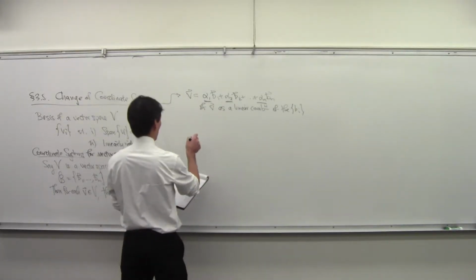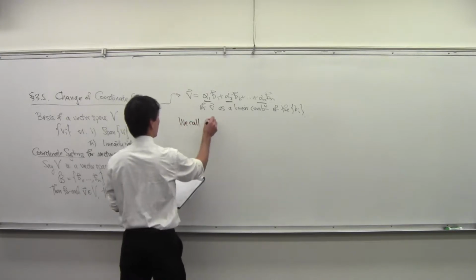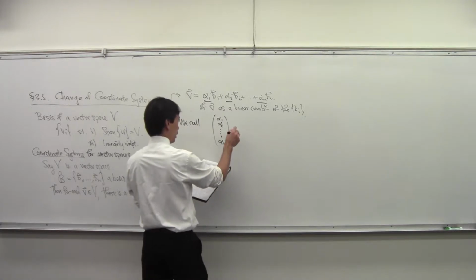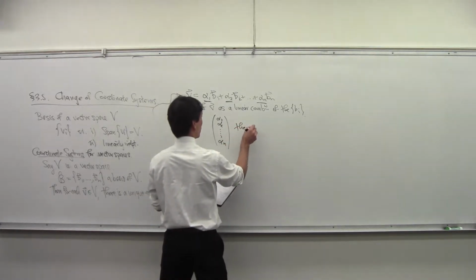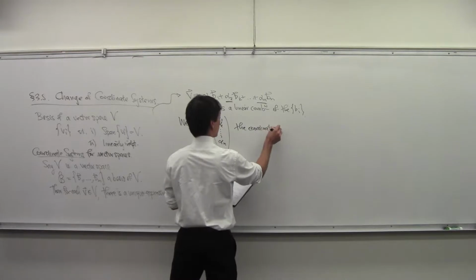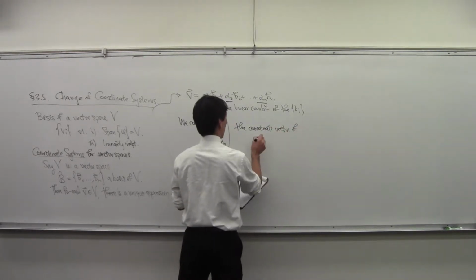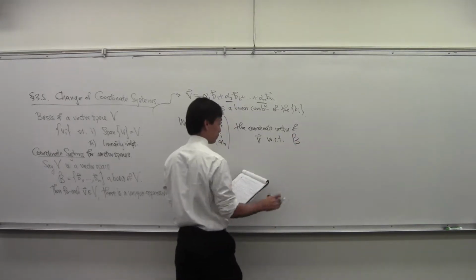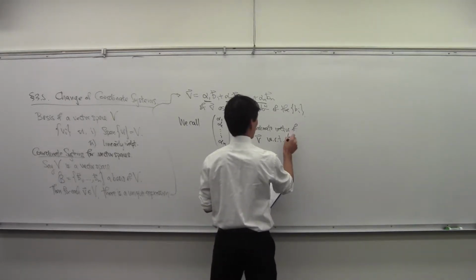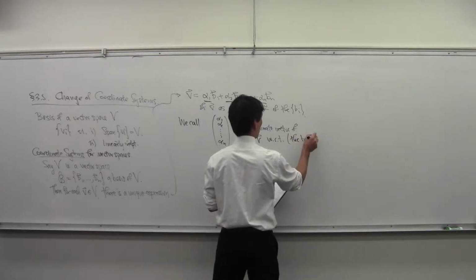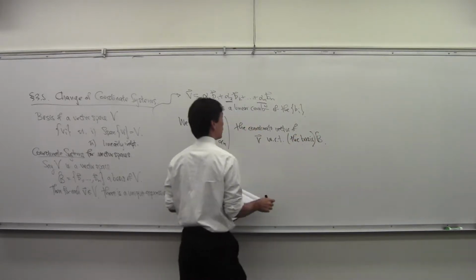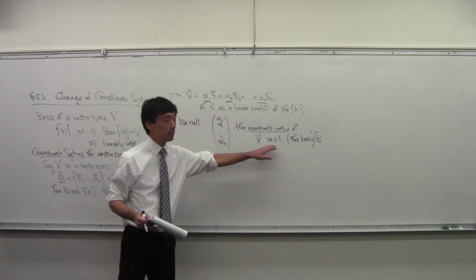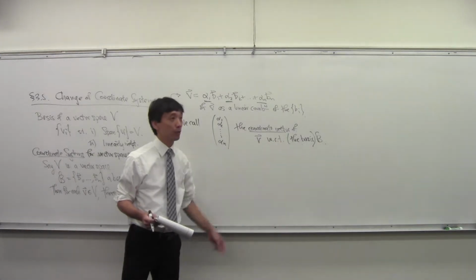So we call the vector alpha 1, alpha 2, alpha n the coordinate vector of v with respect to the B basis. That's what this WRT means, with respect to the basis B.